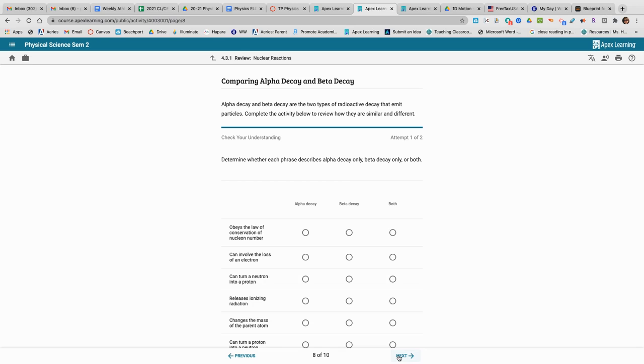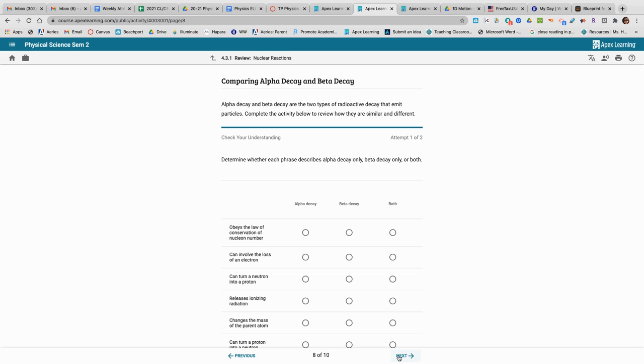Comparing alpha and beta decay. You looked at the particles that are emitted when nuclear fission happens. Alpha particles and beta particles are 2 examples of particles that are emitted during radioactive decay. Alpha particles are pretty heavy.